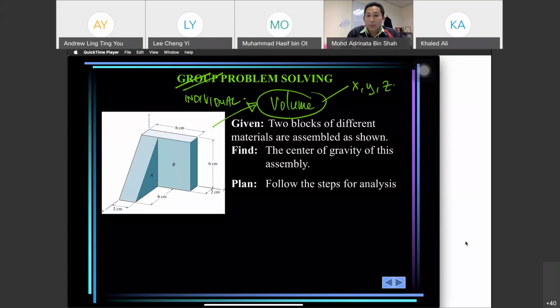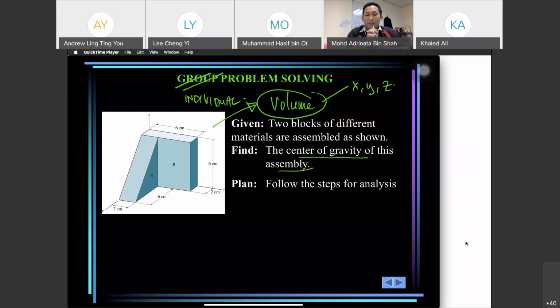So we need to calculate x, y, and z direction. Two blocks of different materials are assembled as shown. Find the center of gravity of this assembly. Follow the steps for analysis.